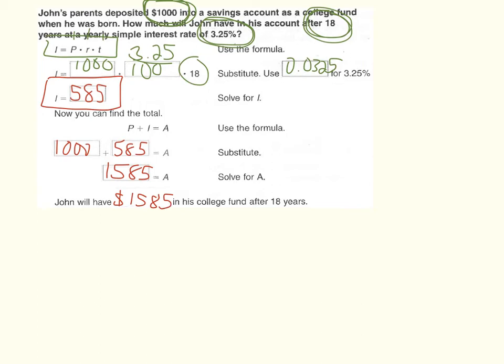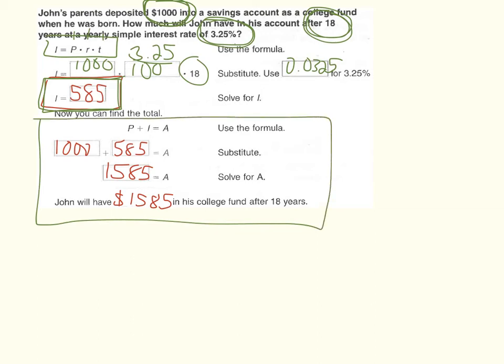You have to remember, if they ask for the interest, then you just need to give them the interest. But if they say, what is the total amount in the account, you have to remember to add it back in to the total amount.